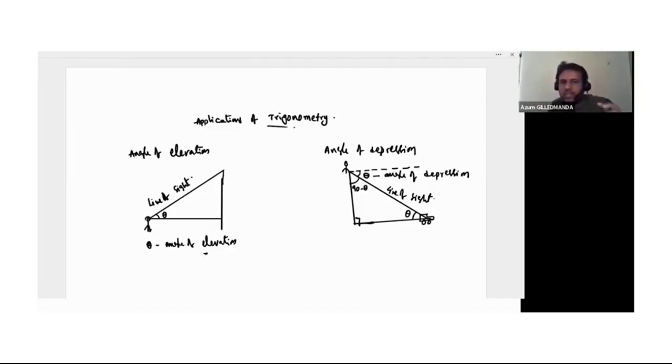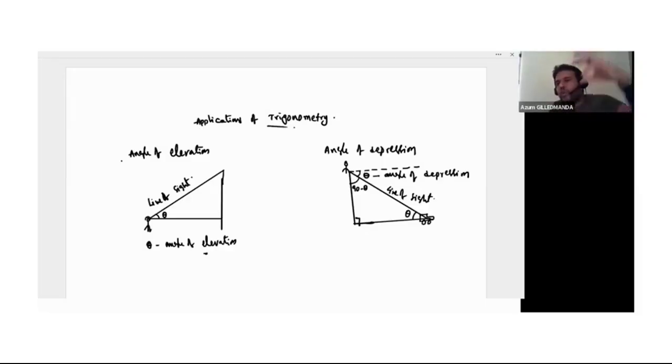First, the angle of elevation: when you are looking from the bottom to the top of any object, a building or a tower or a mountain, the line joining your eyesight and the top of the object is your line of sight. The angle that line of sight makes with the horizontal, that is theta, is your angle of elevation.